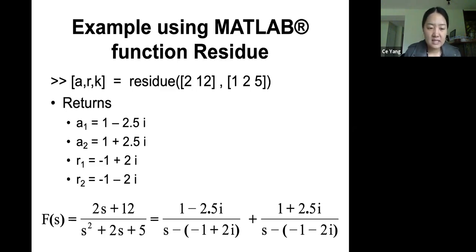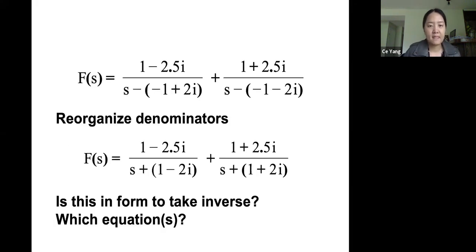In the end, we can write F(s) with these A's and R's, which is (1 minus 2.5i) over (s minus (-1 plus 2i)) plus (1 plus 2.5i) over (s minus (-1 minus 2i)). And then we can reorganize the denominators and get a new equation for F(s).